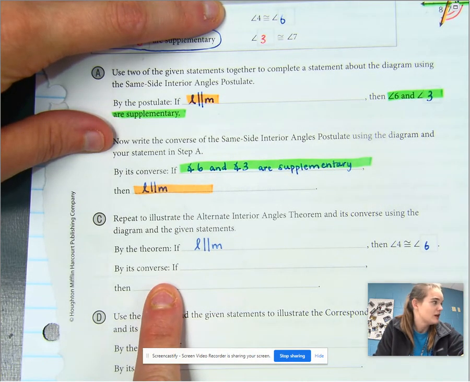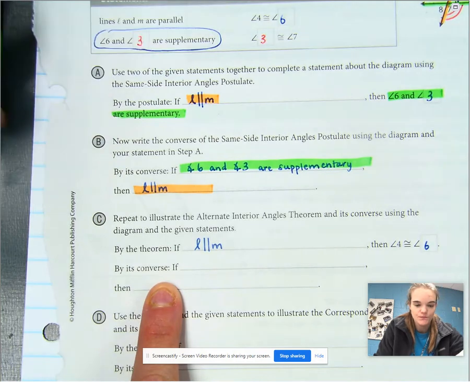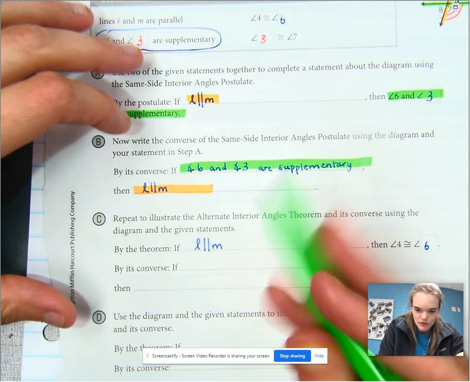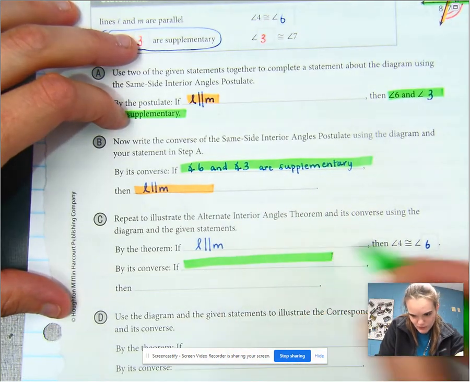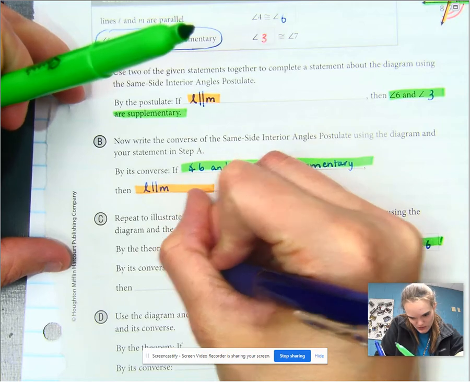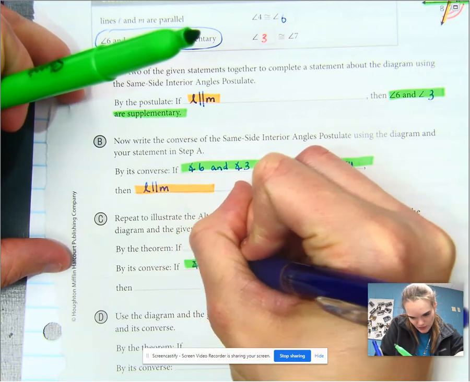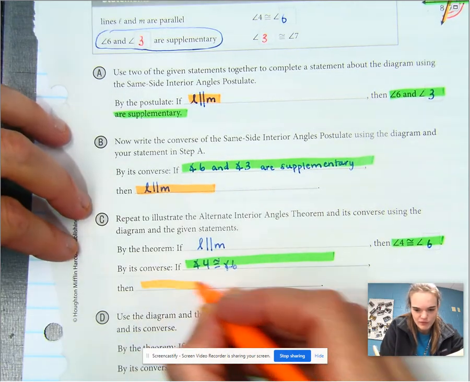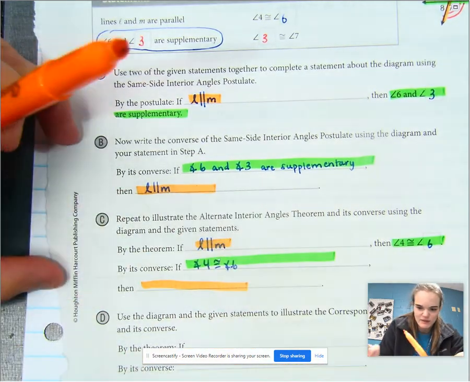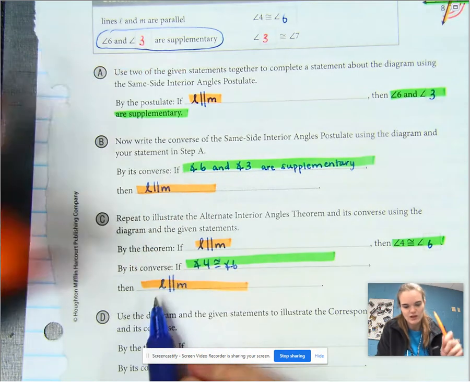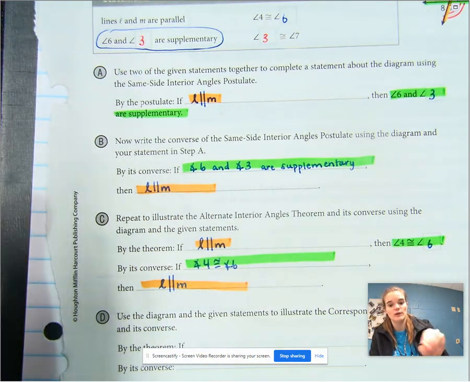Now, you pause the video and write the converse. The converse. The if statement comes from the then. So if angle 4 is congruent to angle 6, then the then statement comes from the if, because you are swapping them. So if angle 4 is congruent to angle 6, then L is parallel to M.